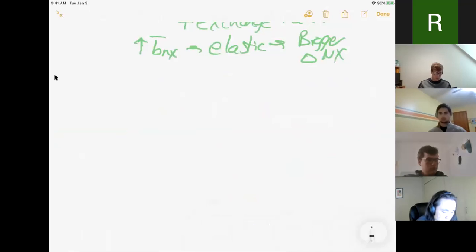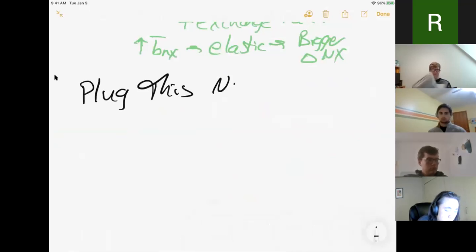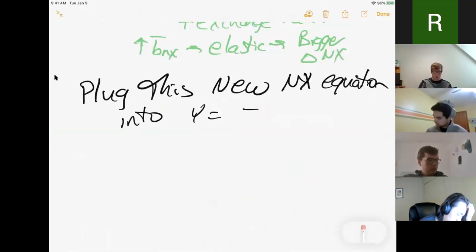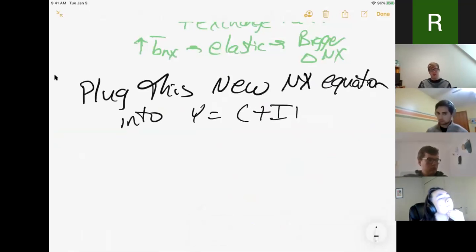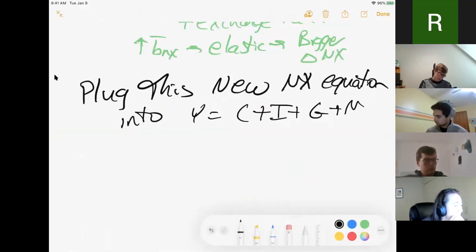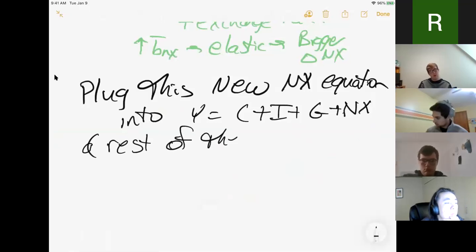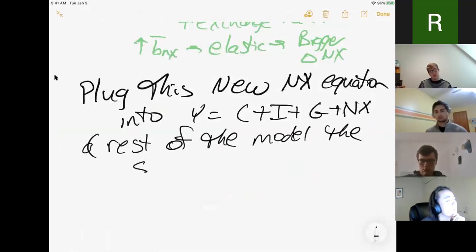So I'm not going to do all of the math here, but what you can do is you can plug this new net export equation into Y equals C plus I plus G plus net exports.